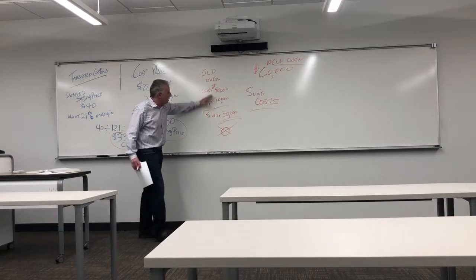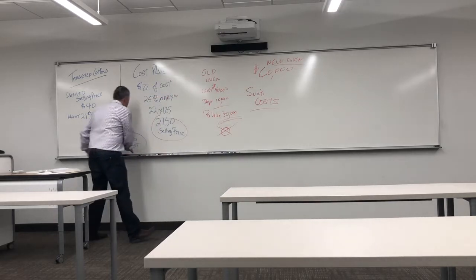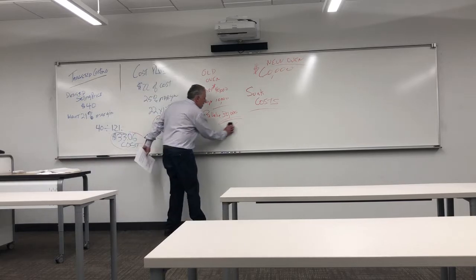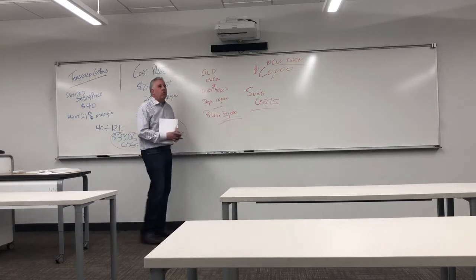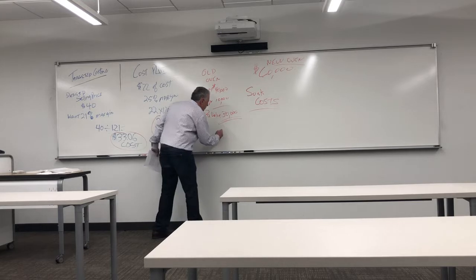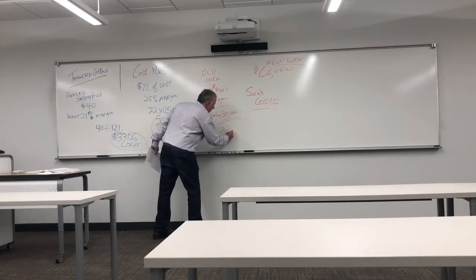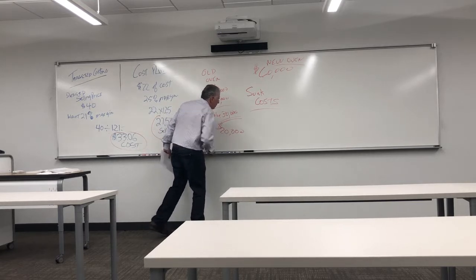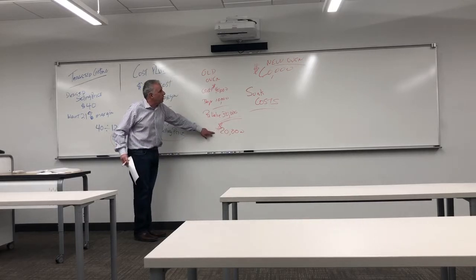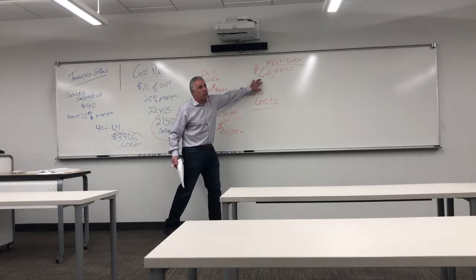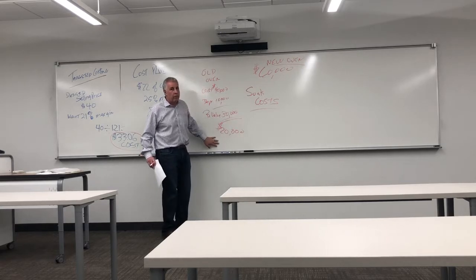The only way any of this would matter would be if you found out you could actually sell this. Let's say you could sell it for 20 grand. If you could sell this for 20 grand, the new oven cost you 60. What does it really cost you? 60 minus the 20 you recovered from here.